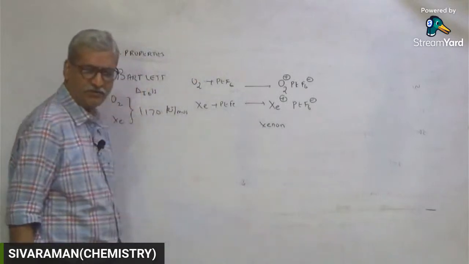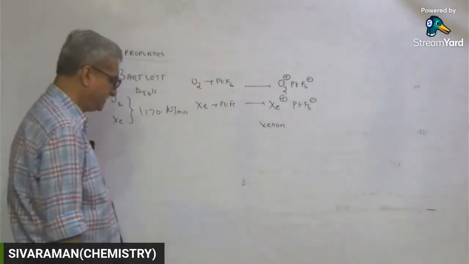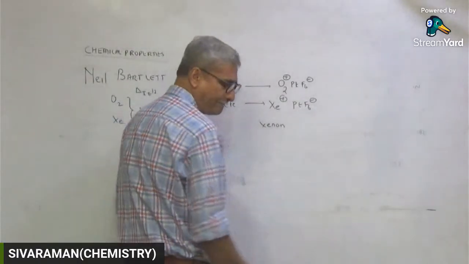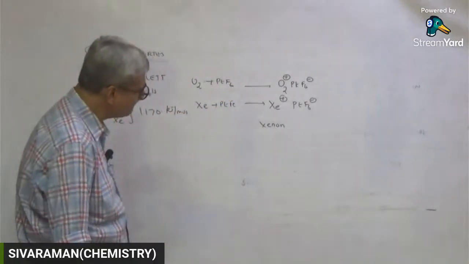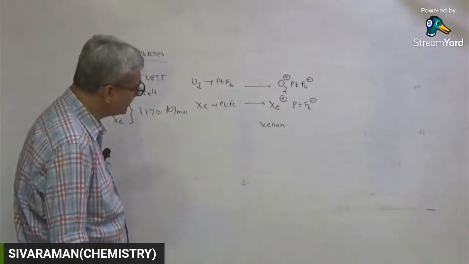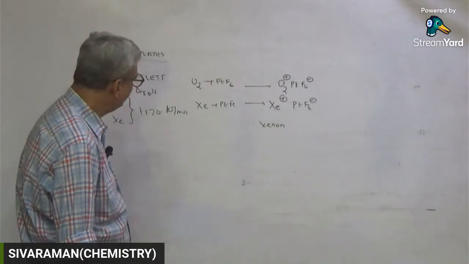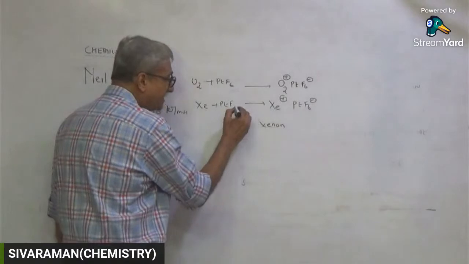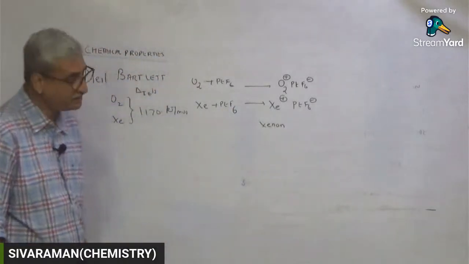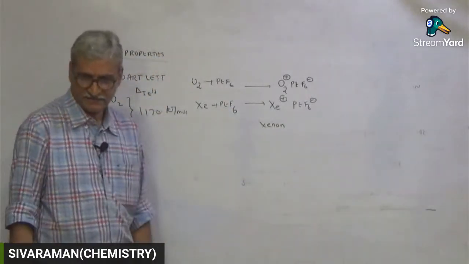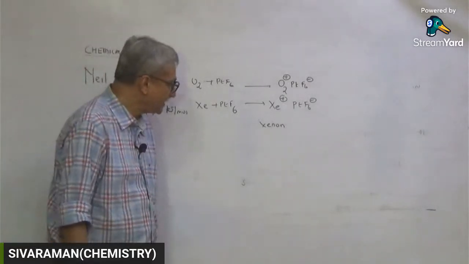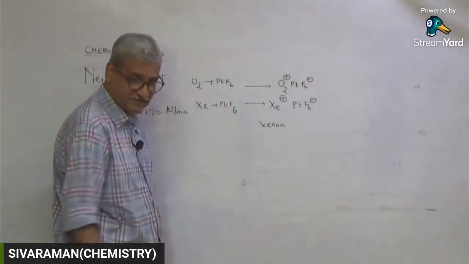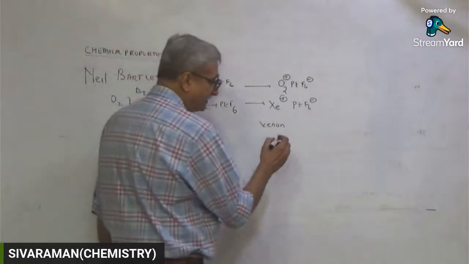First write down the name of the cation. Then it is PtF6, with fluorine. Now, how are we naming xenon in the complex?